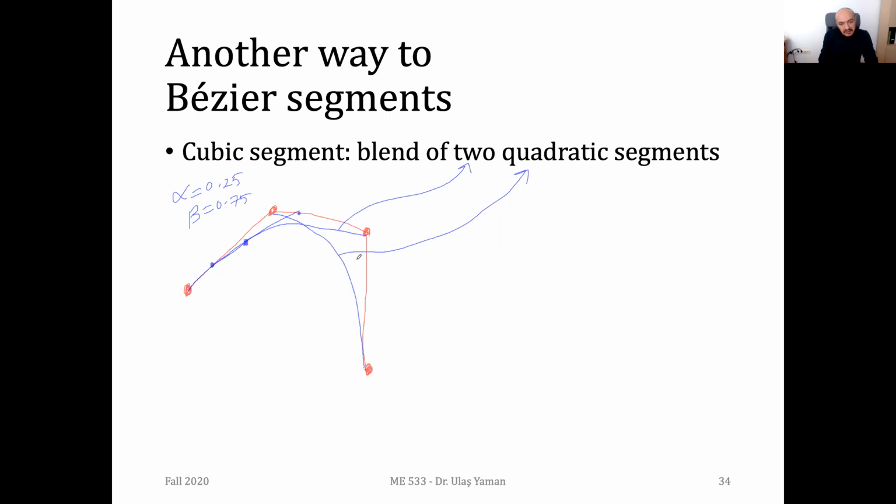And then I can do it for the other one, for this last linear part. That should be around here. And you need to do a connection. So these two points are on the quadratic curves, okay? And then you again join them and get a point here, again using the same values. And this point should be on the cubic segment.